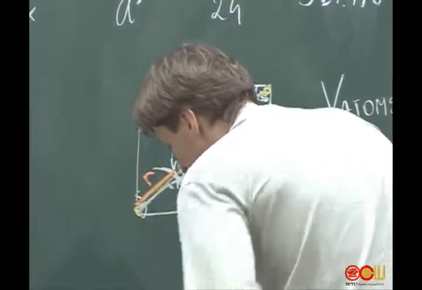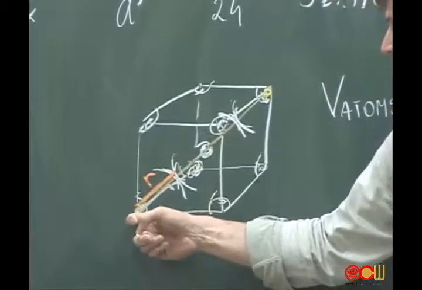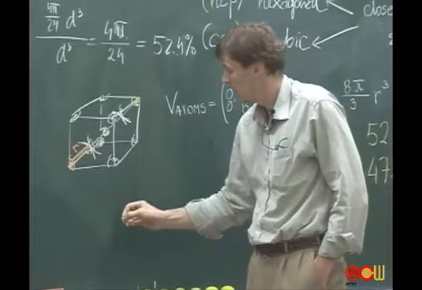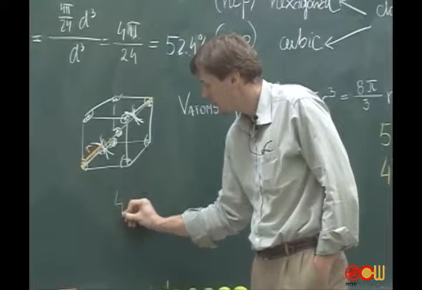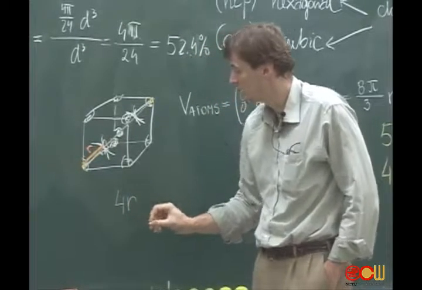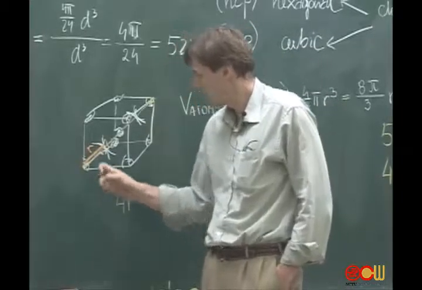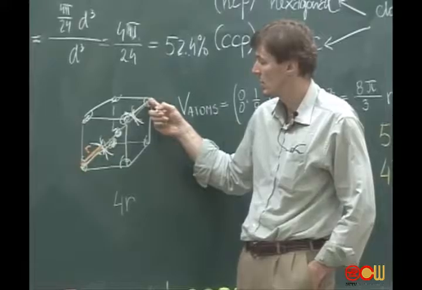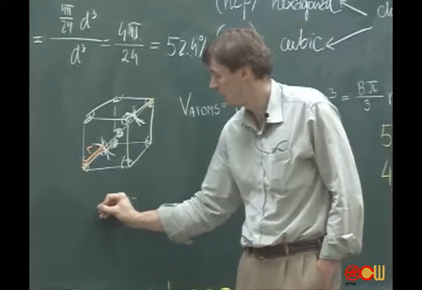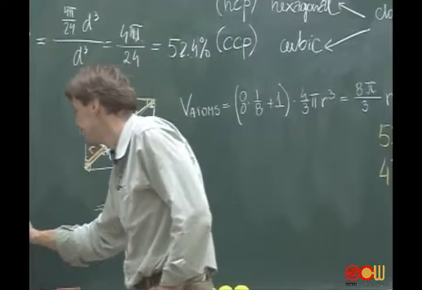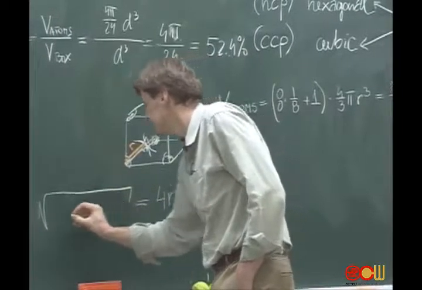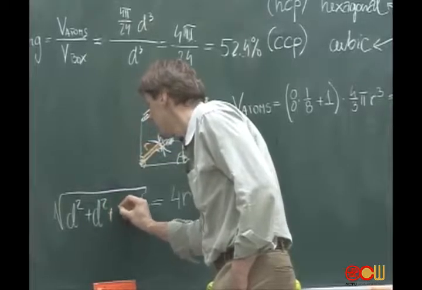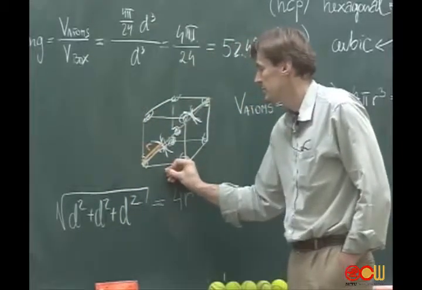Now I see the next thing. I see that the distance from this point to this point is equal to 4r. And this distance from this point to this point is nothing else than the square root of d square plus d square plus d square, where this is d.